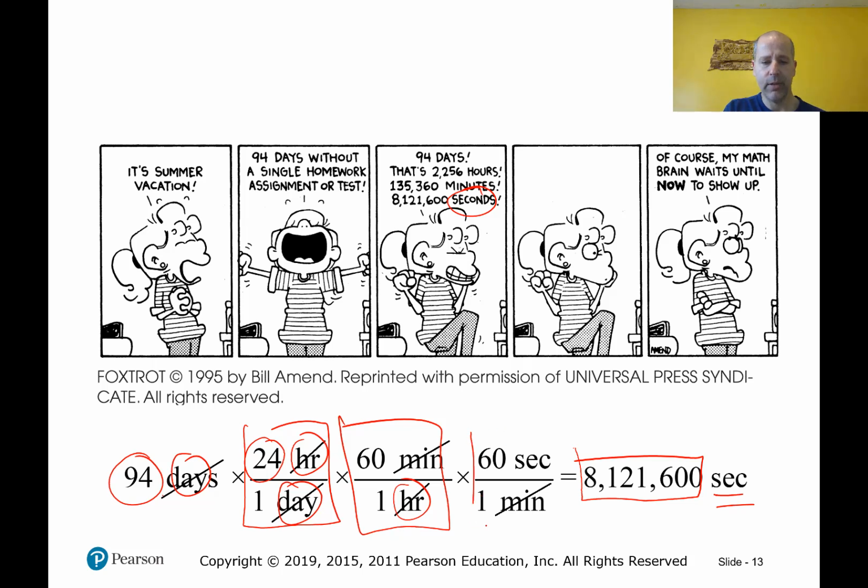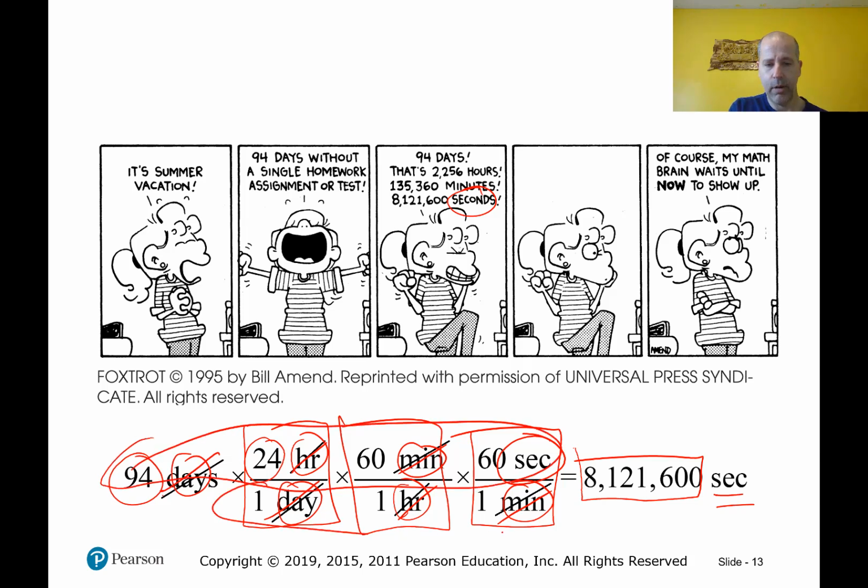We know that there are 60 seconds in 1 minute. And now we've got minutes on the bottom and top. And so now what happens here? Well, now we can cancel out the units that are on the top and the bottom. And then we're only left with seconds. And then all we do again is multiply across the top and multiply across the bottom, which just gives us 1, and we get our final answer.